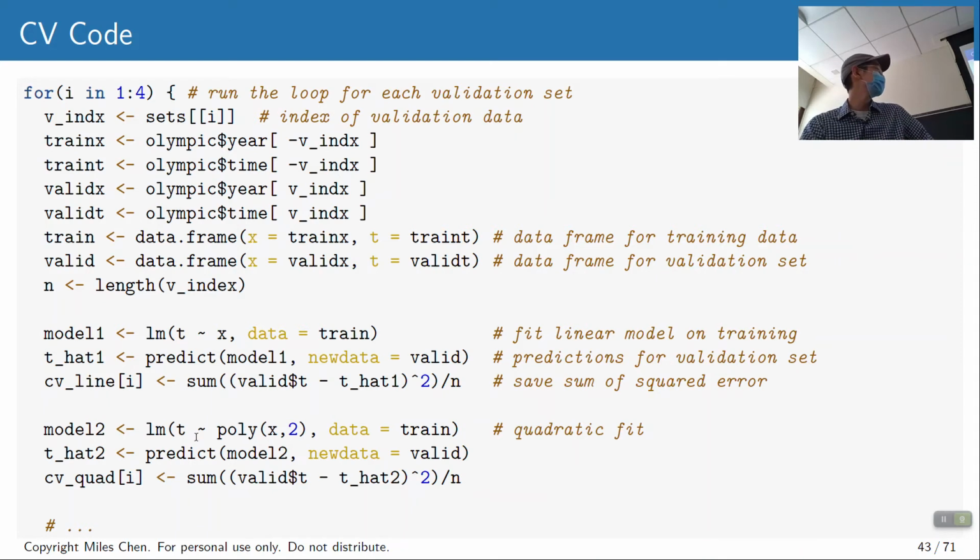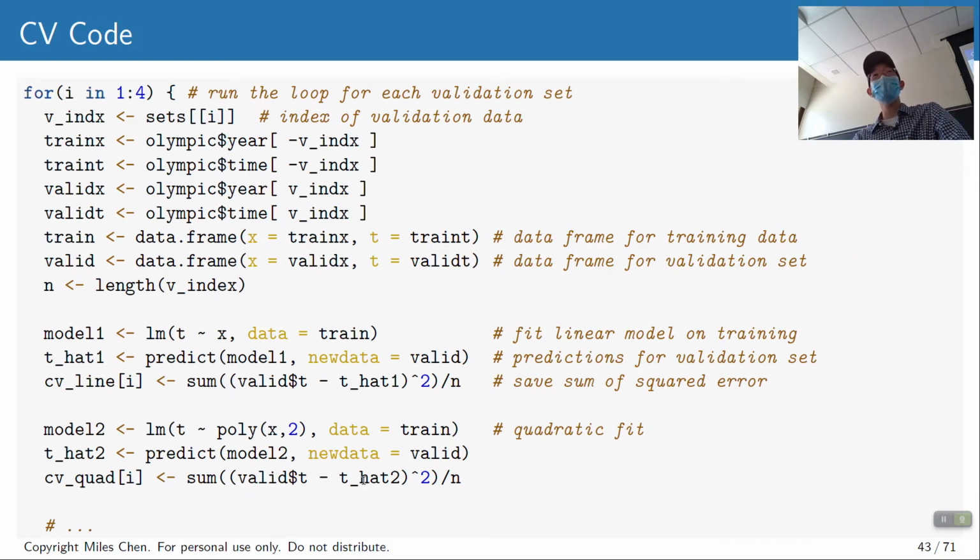Then, using the same training and validation data, I'll try fitting a polynomial model, a poly 2, a quadratic fit. We make predictions on the validation data using the quadratic fit. We ask what is the difference between the actual values in the validation data and the predictions I made using this quadratic model.